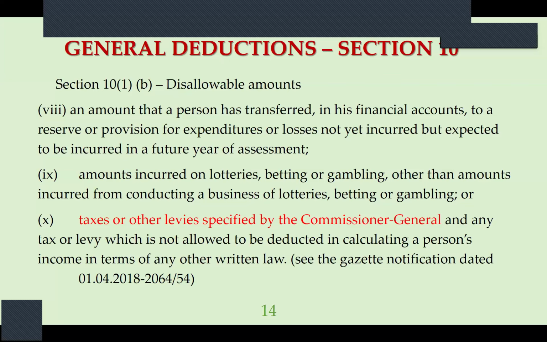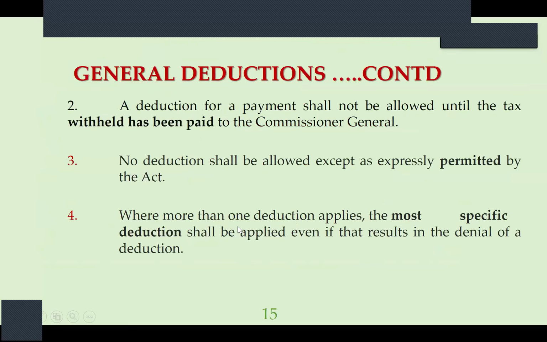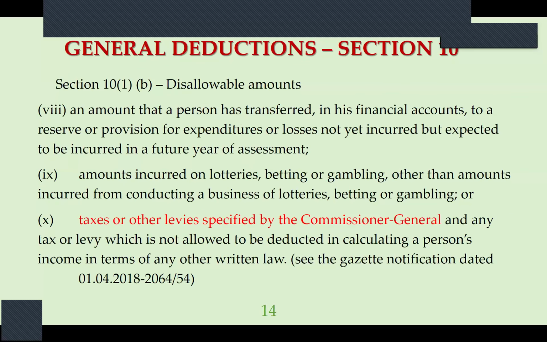Then item 10 says taxes or other levies specified by the Commissioner General. What is the meaning of specified? Specified means we definitely have to issue a gazette notification.